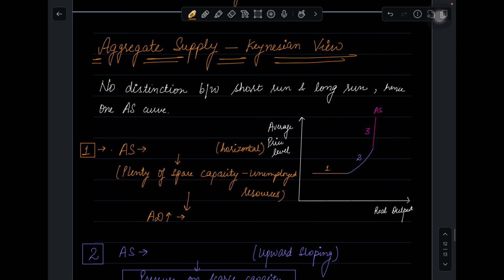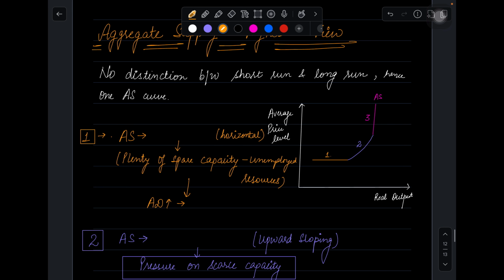Now, this was the new classical or Monetarist view. Now we have the aggregate supply curve from the perspective of Keynesians. So it's the Keynesian view. The only difference here is that it does not consider different time periods. It only says that there is one aggregate supply curve.